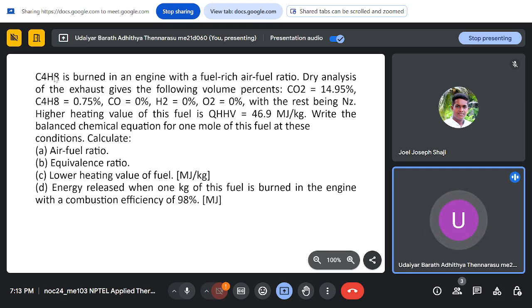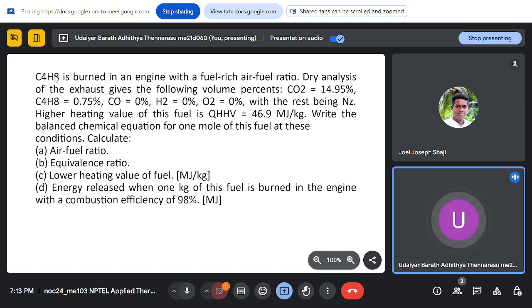So what is given is a molecular formula for the fuel, and it is operating at a fuel rich air fuel ratio. So that means your fuel content is more compared to the stoichiometric air fuel ratio, and a higher heating value is given, and the percentage by volume.